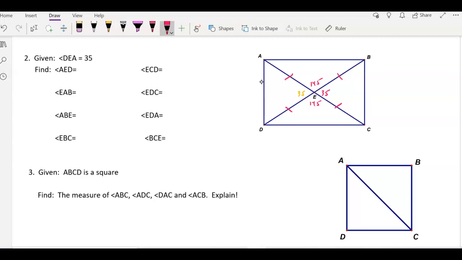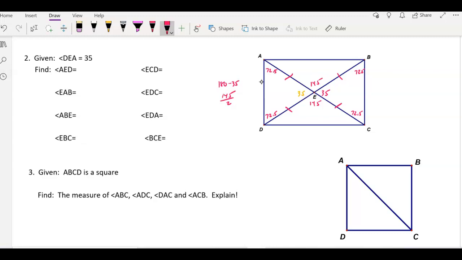So to find the rest of these angles, if I take 180 and subtract 35, I get 145, and if I divide that by 2, this angle is 72.5 degrees, this angle is 72.5 degrees. Now right away, these are alternate interior angles, so that's 72.5, which makes this 72.5.